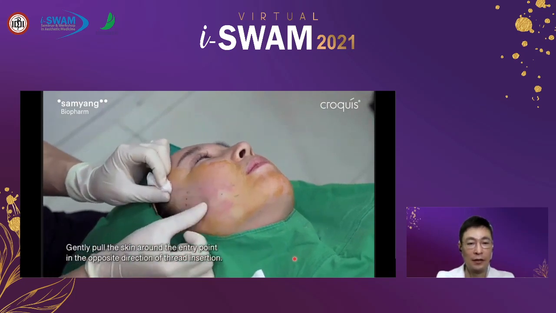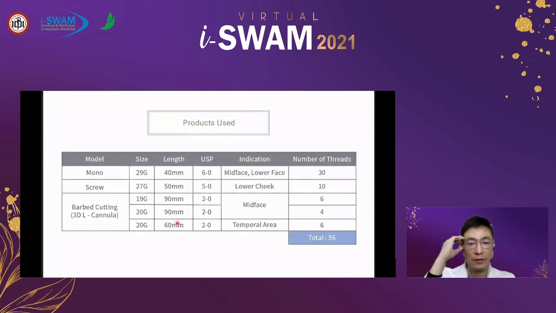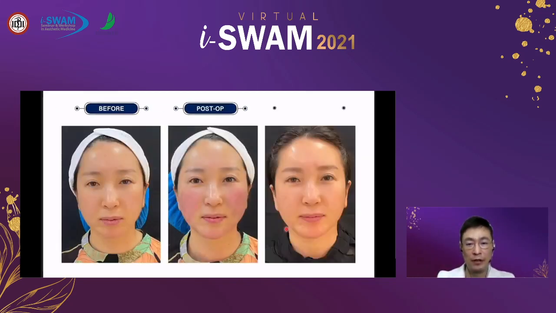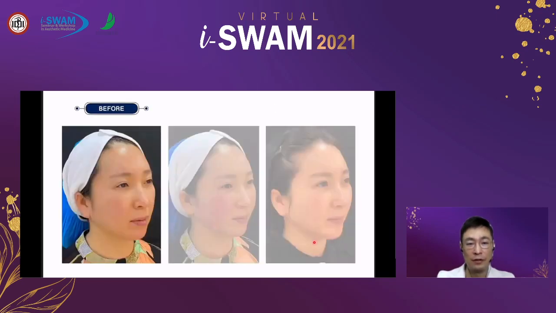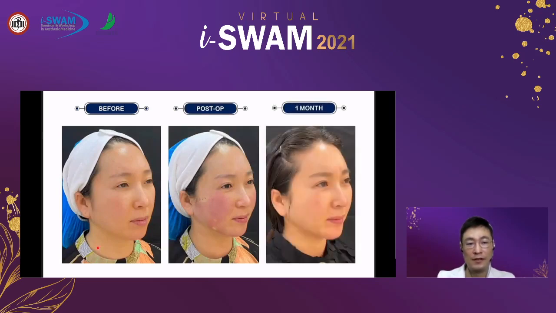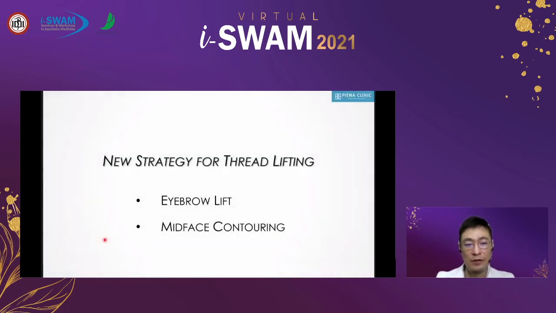And then there will be a strong grasping power of the temple, and eventually the lower face will be well lifted. This is 1 month after. Actually, her sagging was not severe in the beginning, but I think the result is quite excellent.